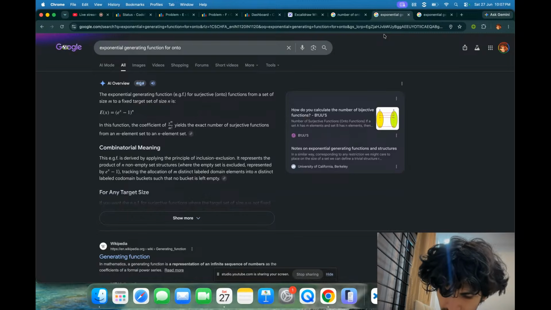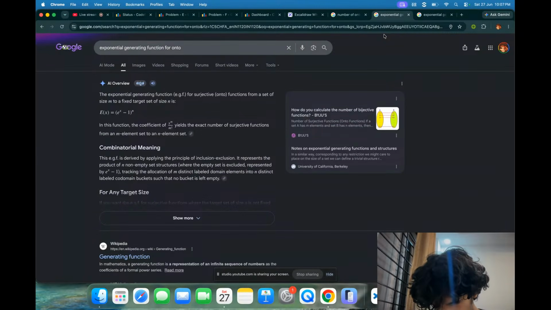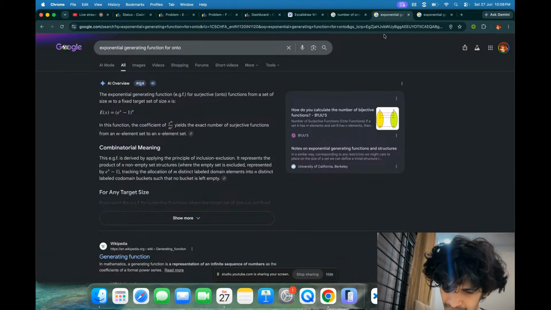Then e power x minus 1 whole power n is just number of onto functions.